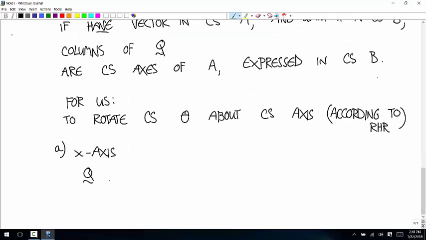the rotation matrix is 1, 0, 0, 0, cosine theta, sine theta, 0, negative sine theta, cosine theta.